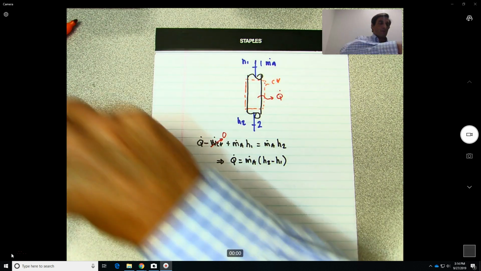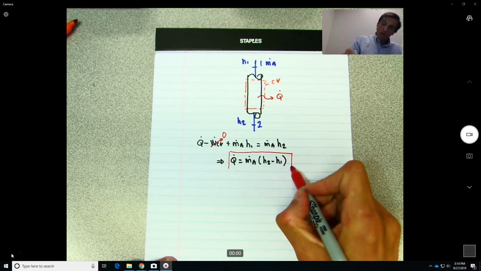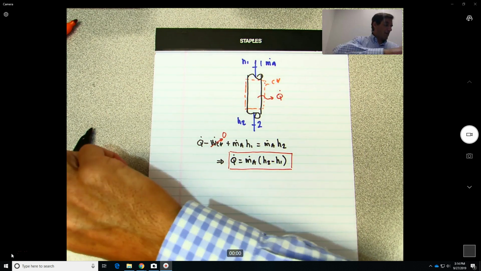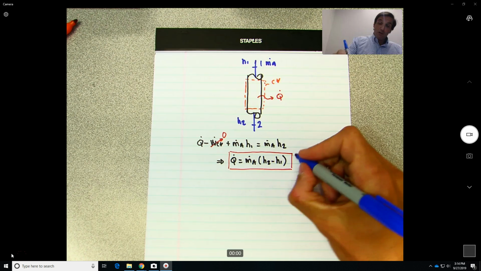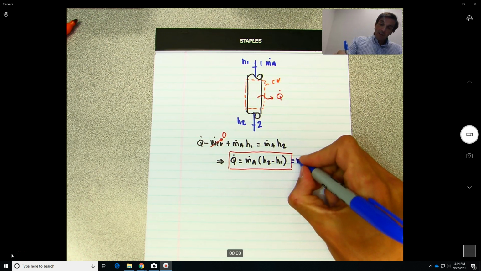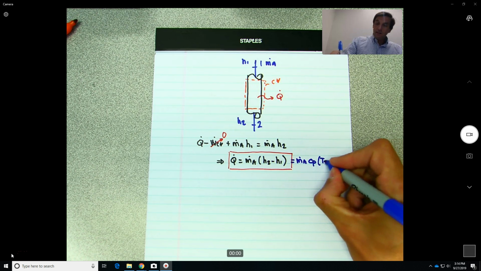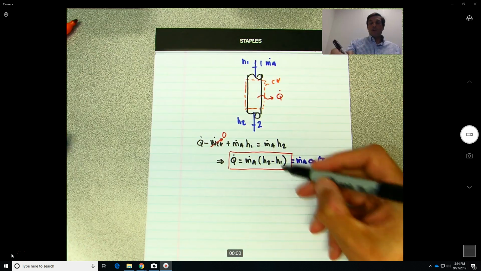So if you do the numerical calculation, or actually we could write down what? This will also be equal to MA Cp T2 minus T1. So you could do it either way, but let's use that one.